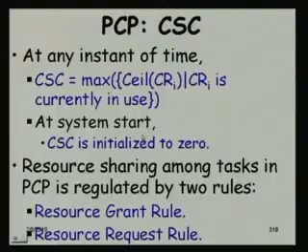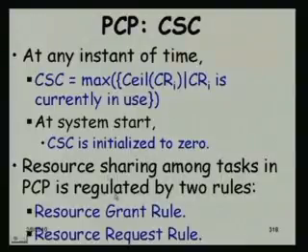To start with, the current system ceiling is initialized to 0 because no resources are being used, assuming that 0 means nothing is being used, or we can even set it to a very large value, depending on the convention we are following.